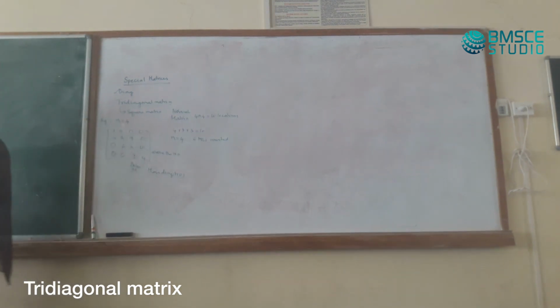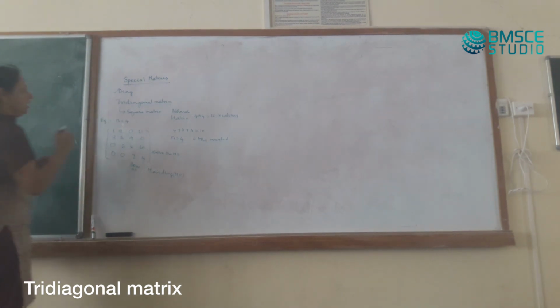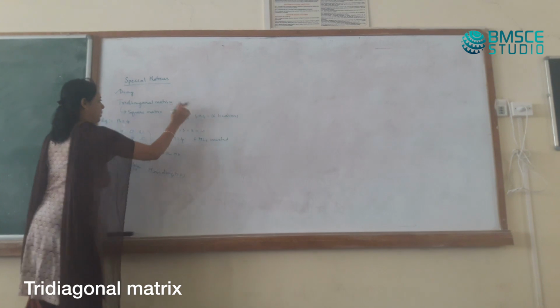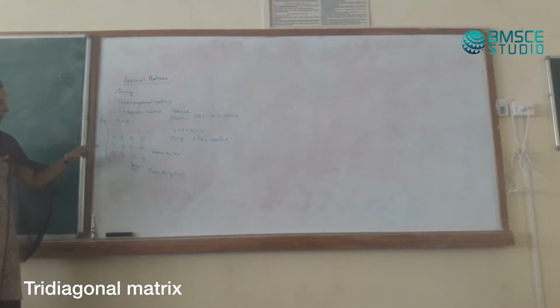As you increase the number of dimensions, the number of memory locations that will go to waste will be huge. That is why we will not use a normal matrix to store data that belongs to a tridiagonal matrix. We will develop a separate class called tridiagonal matrix in which we will store the information.